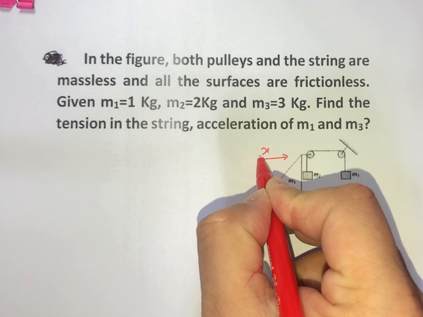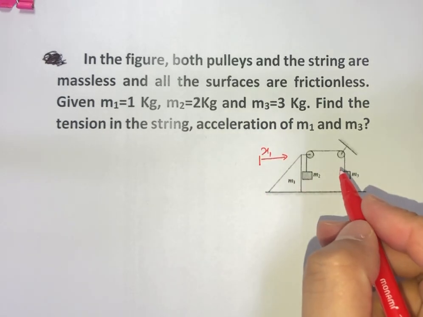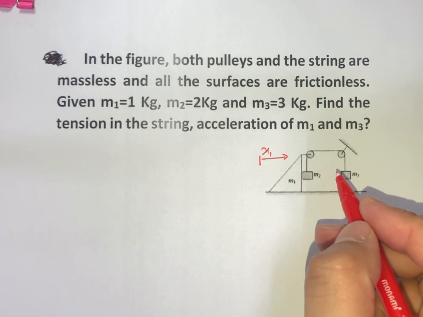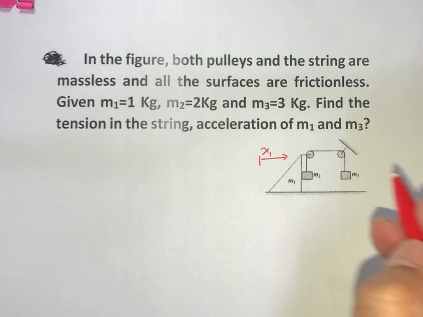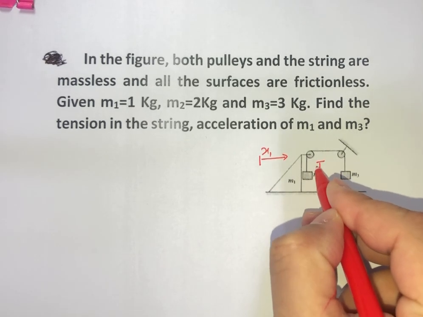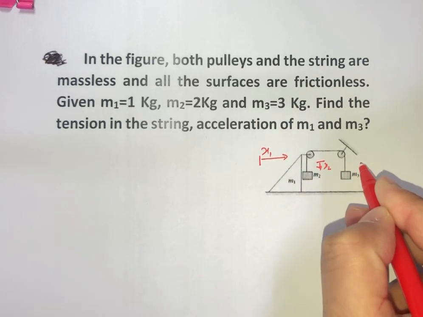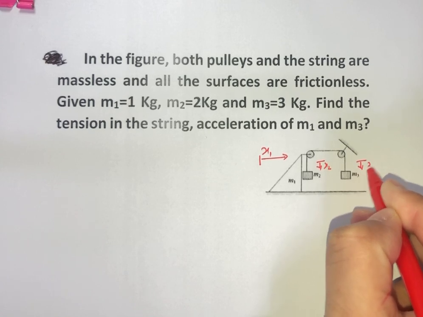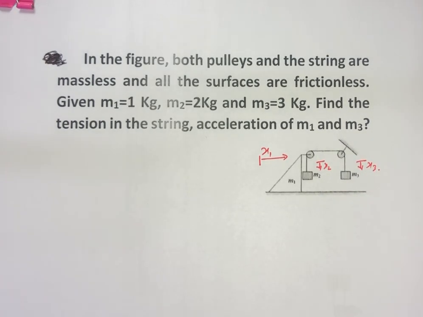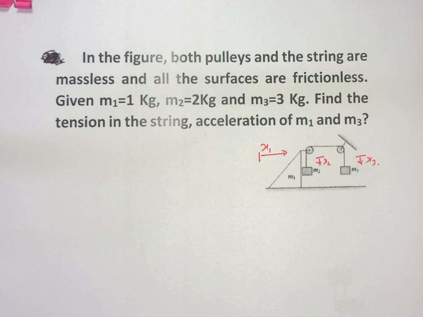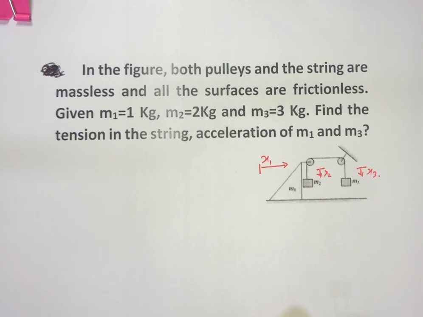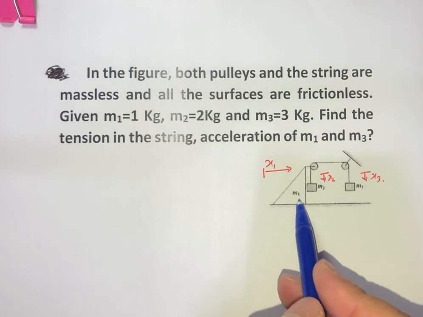by a distance of x1 and M2 by x2 and M3 by x3. So we can write the constraint relationship between M1, M2 and M3.